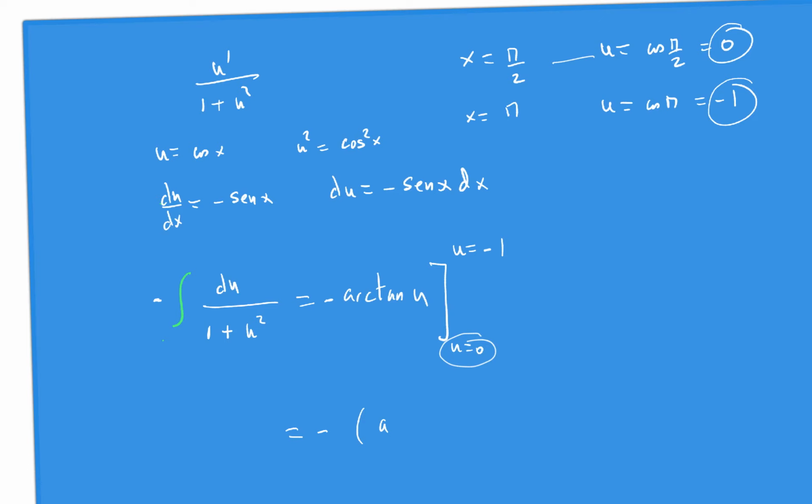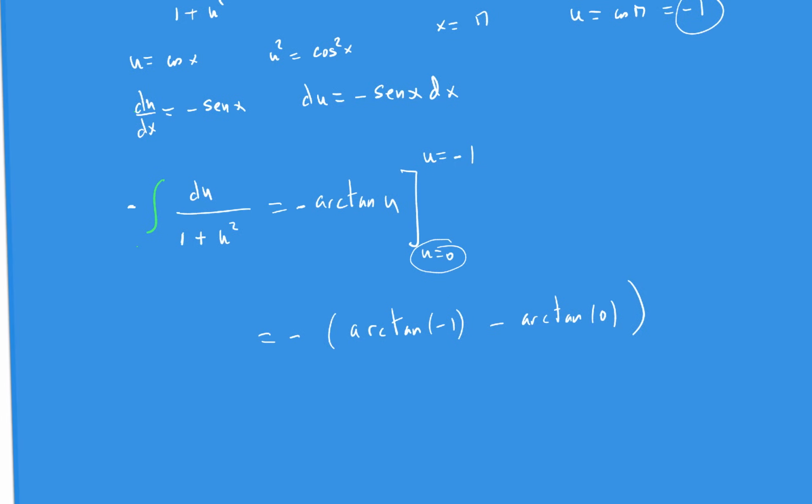So it's minus arctangent of minus 1 minus arctangent of 0. Okay. And now we have to find what is arctangent of minus 1.